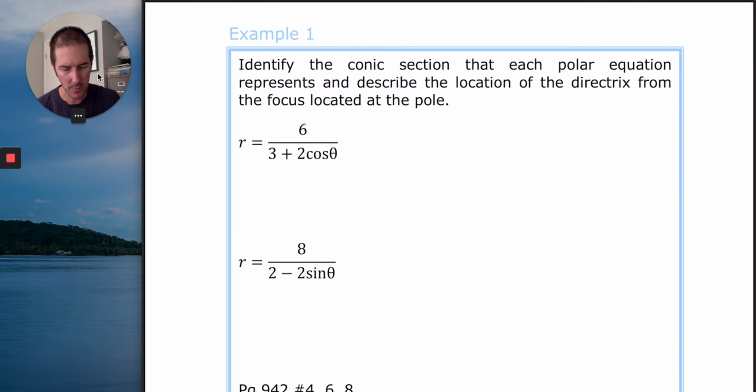And the first thing I'm going to do is to remember that this is equal to EP over 1 plus E cosine theta. So I'm using the plus sign that's here to guide me and put the plus sign here. The cosine function is here, so I'm putting the cosine function here.